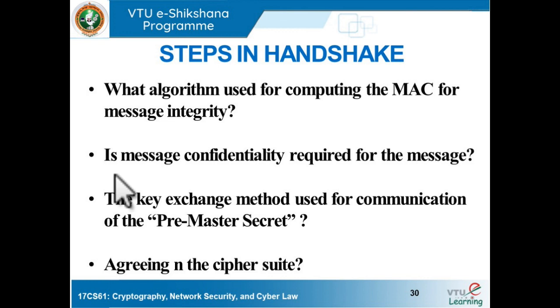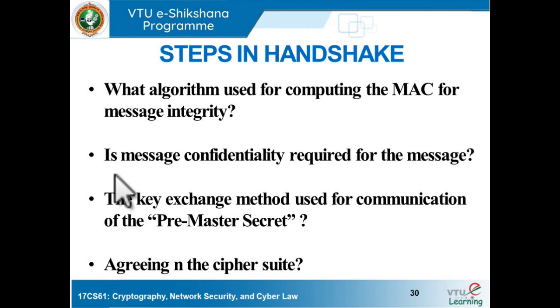The second thing that needs to be decided over here in this particular step 1 is whether message confidentiality is required for this particular message exchange. Now if message confidentiality is required, then there is a need to decide upon the encryption algorithms that will be used. We are aware of the various encryption algorithms available.